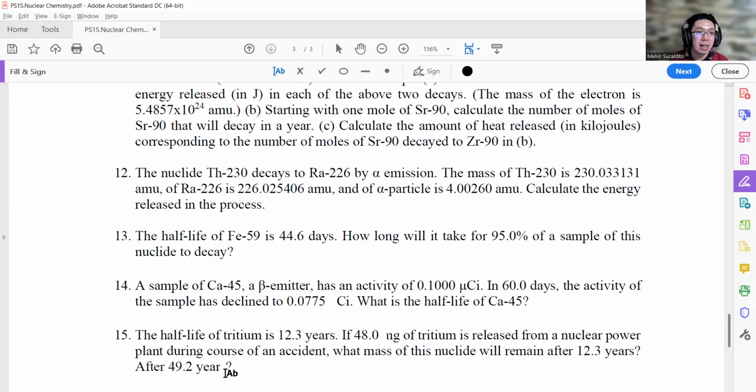Hopefully, 12 to 15 are easy. That's why I grouped them together. Go ahead, you can now solve 12 to 15.